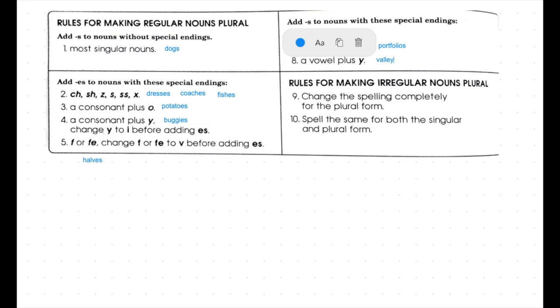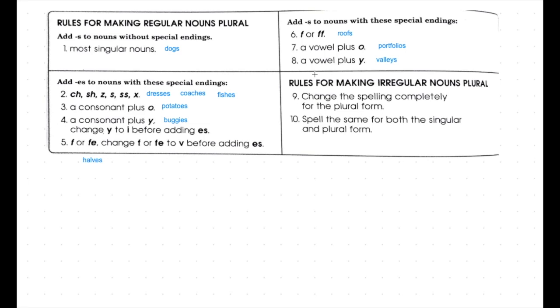We're just going to add an S. Do you see how these are different from numbers 3 and 4? If it has a vowel plus O, you just add an S. If it has a consonant plus O, you add ES. If it has a vowel plus Y, you add S. If it has a consonant plus Y, you change the Y to an I and add ES.